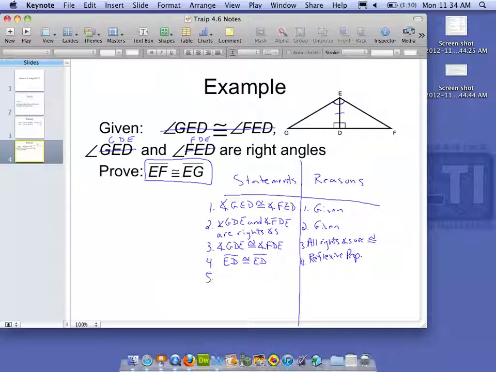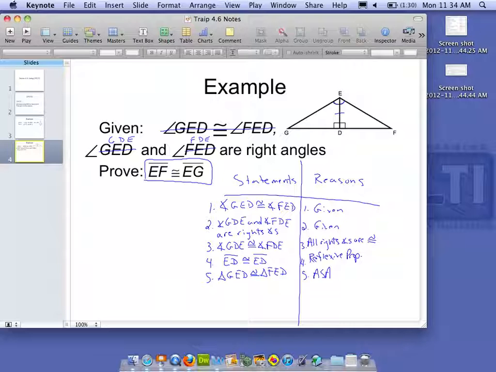And the two triangles, therefore, are congruent by angle side angle. So I'm going to say triangle GED is congruent to triangle FED by ASA. That's my reason.